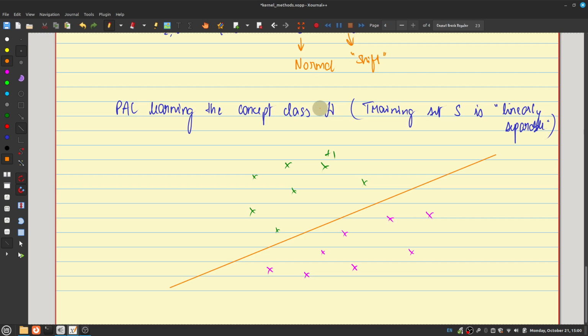It's not agnostic PAC learning, which means that the ground truth is in fact one element from the hypothesis class H. Is that okay? Yes, so I'm assuming it's the realizable case.